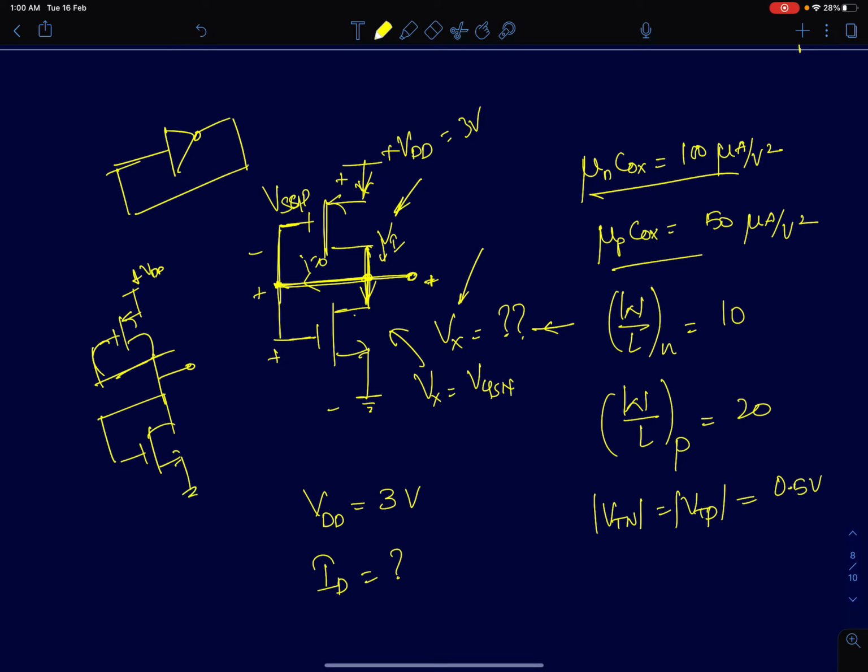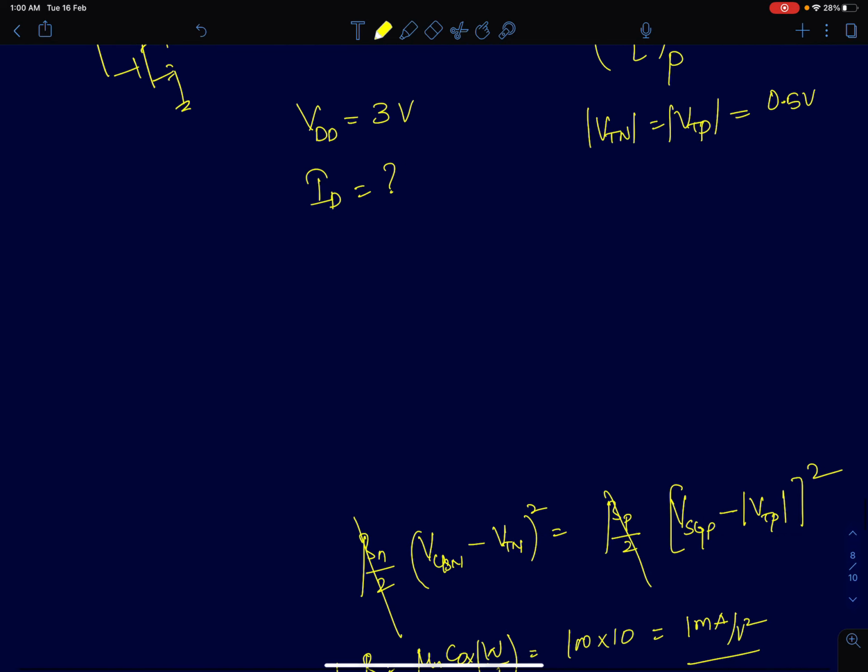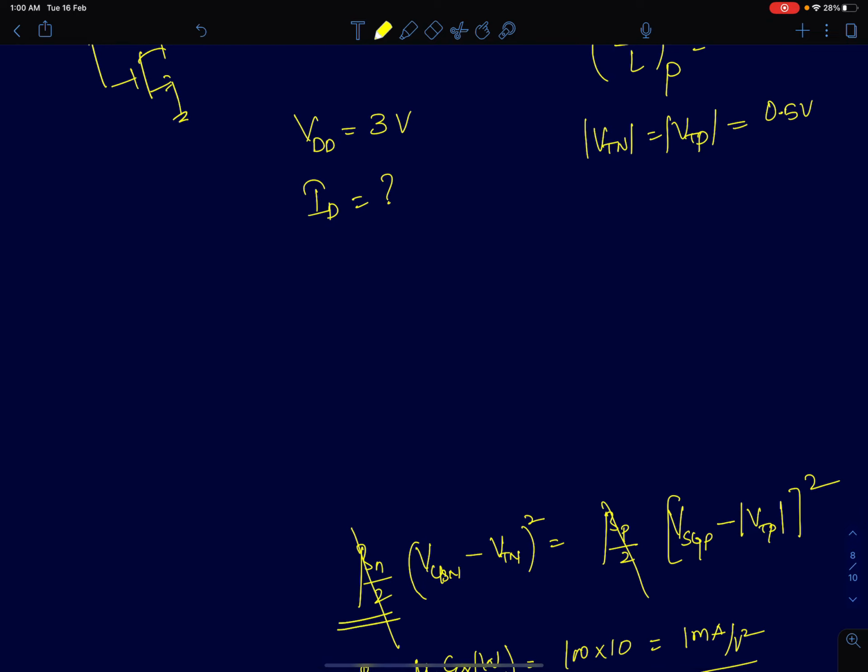Since both are in saturation and in series, they will carry the same current. So we can directly equate the currents in both devices. So beta n by 2 into VGS minus VTN the whole square will be equal to beta p by 2 into VSGP minus mod VTP the whole square.